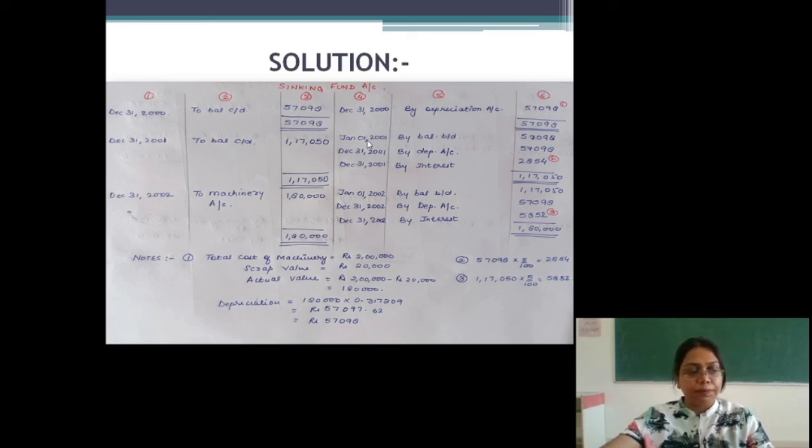Now again we'll bring down this balance to the next year, that is January 1 2001, by balance brought down 57098.